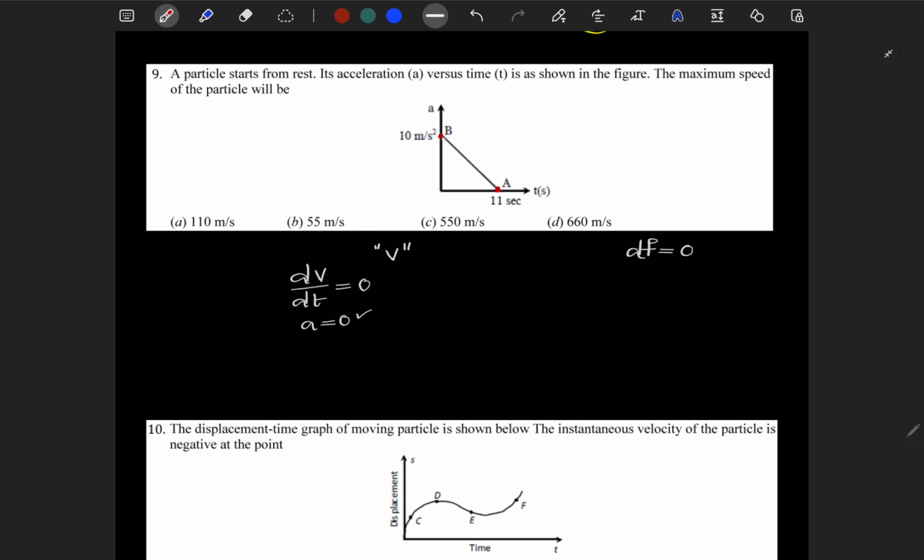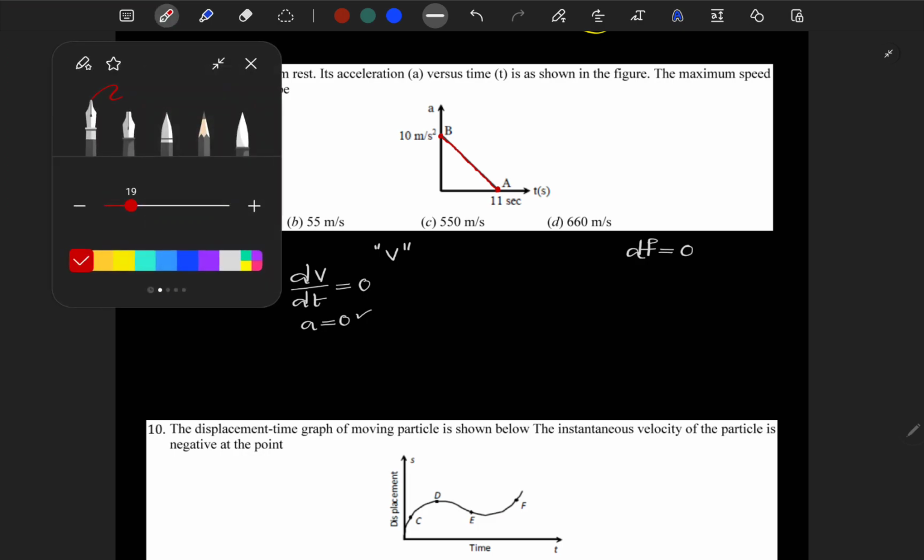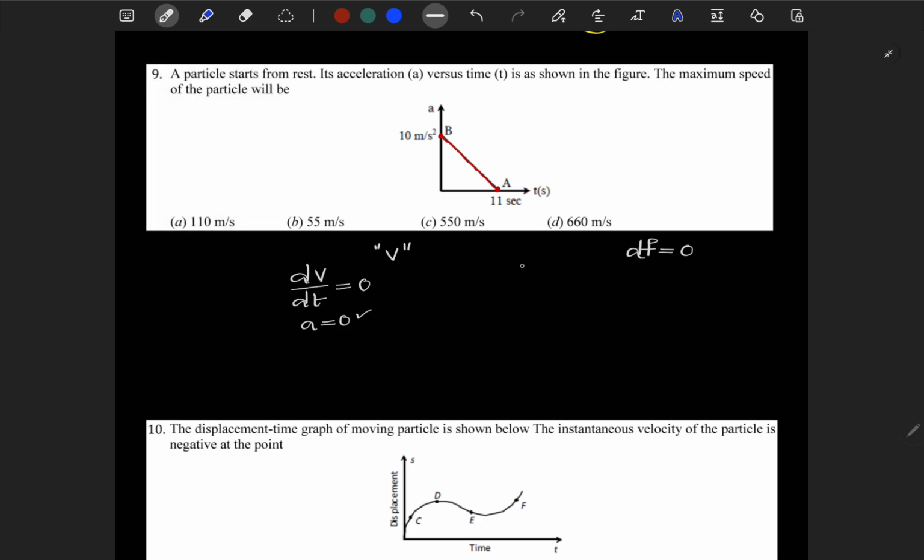If you observe this graph, when the particle starts at t equal to 0, the acceleration is decreasing, but it is not becoming 0, it is positive. It came here, and finally it became 0. So if you want to find out the speed, then you must know that speed v is integral a dt.